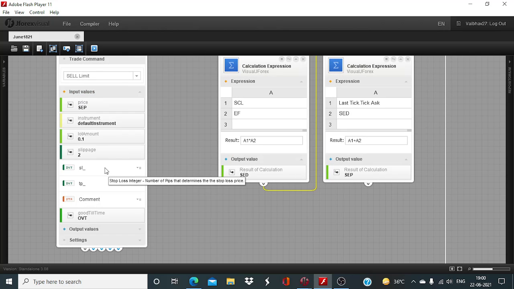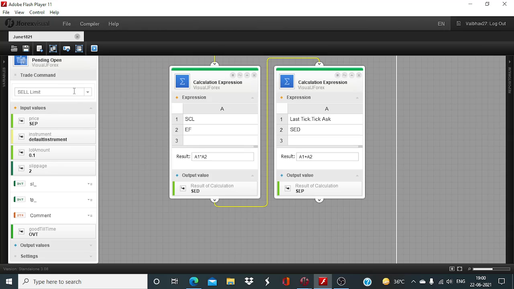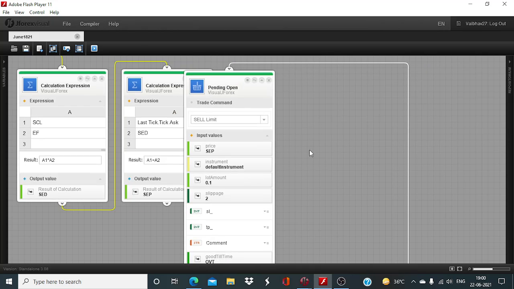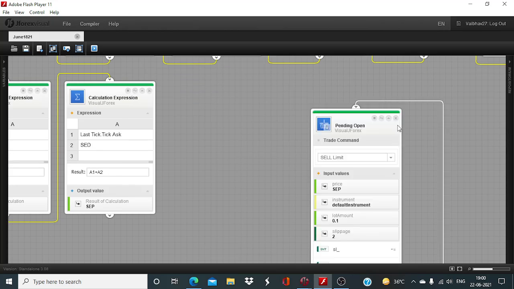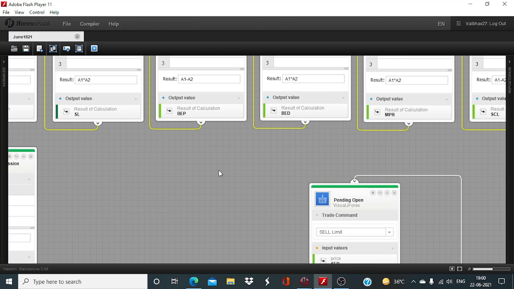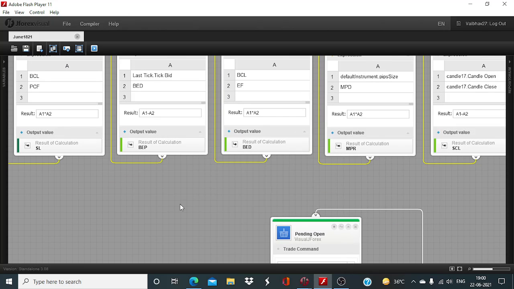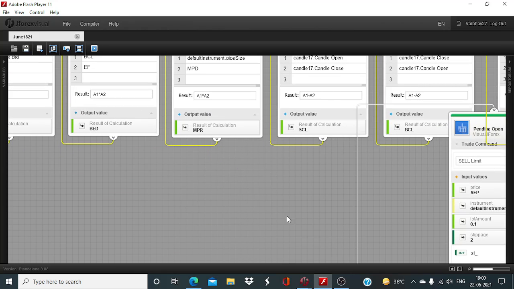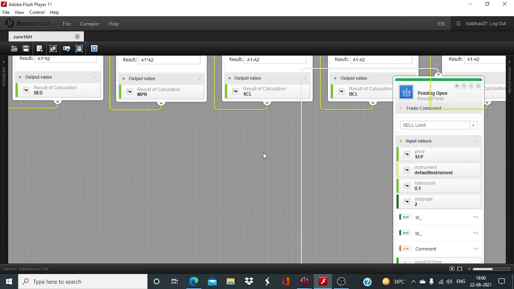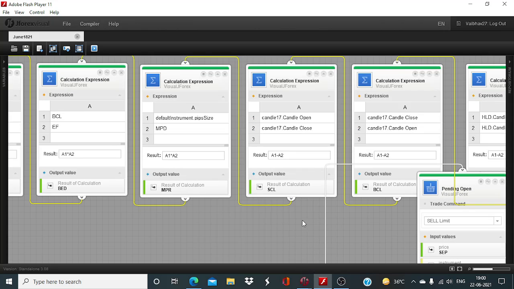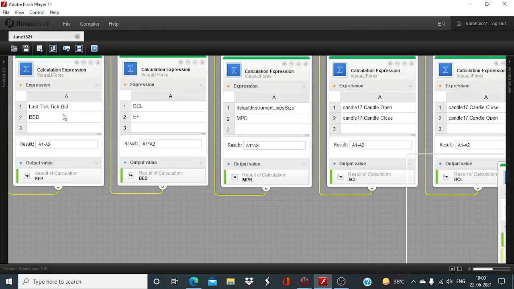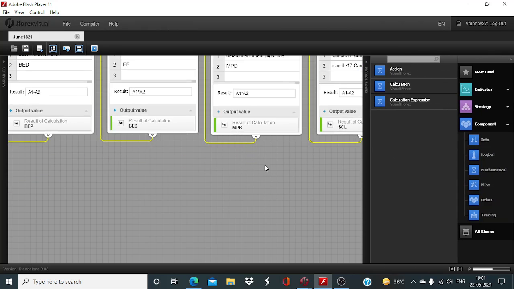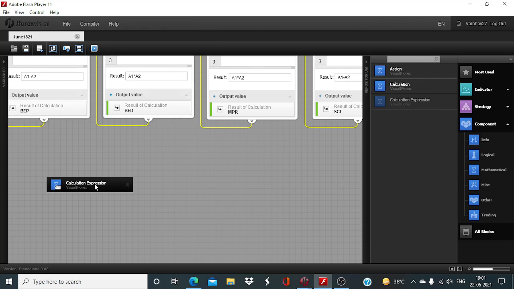The next thing we have to define is going to be stop loss. Stop loss is simply the difference of the last hour's candle close and candle open, which need to be converted into the integer format. So here we take this result of the calculation SCL and multiply it with the pip conversion factor. So here two more calculation expression blocks will be needed.